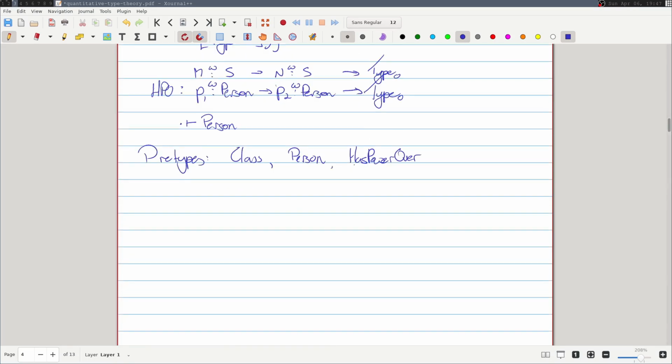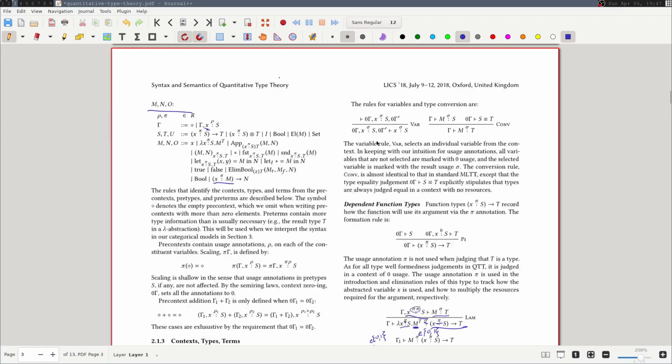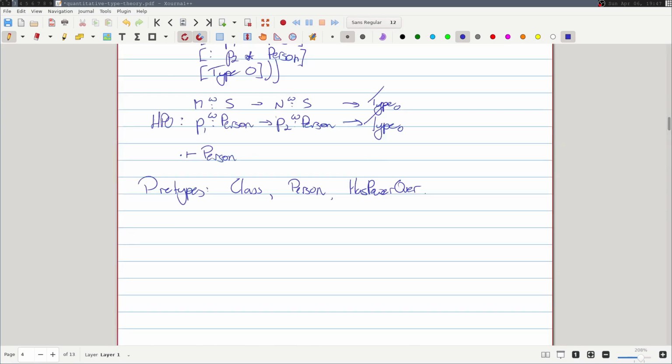Kind of. Not exactly, because has power over is not... Yeah, so here are some extra pre-types. And here are some extra pre-terms. I guess like has power over AB, I suppose.